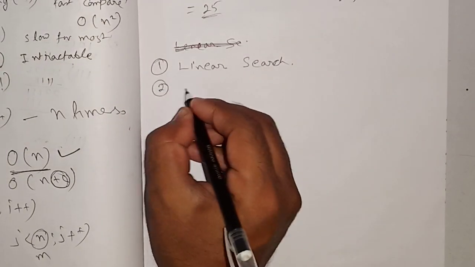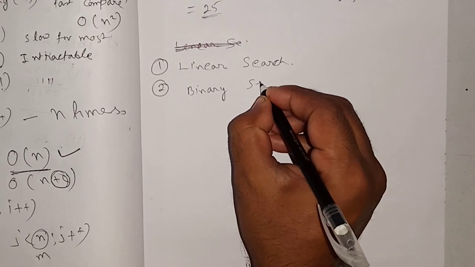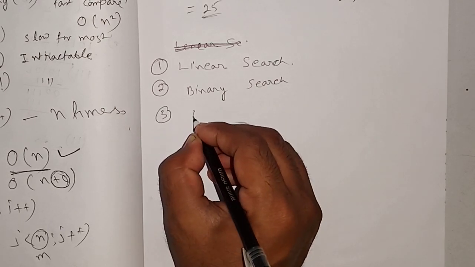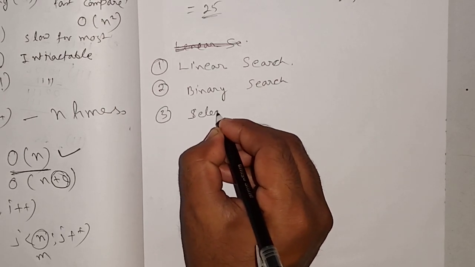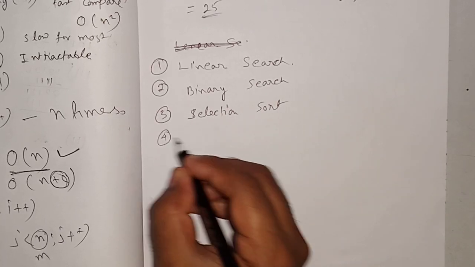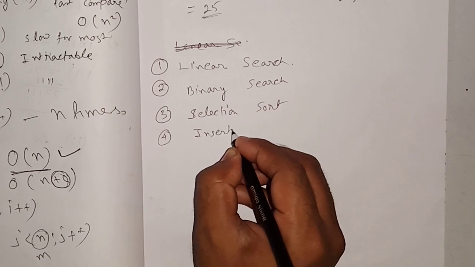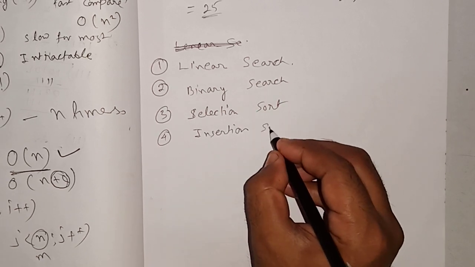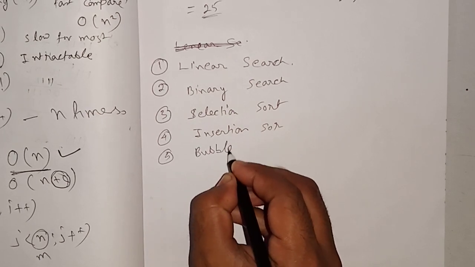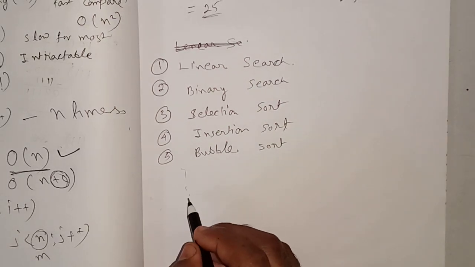Then we can write binary search. Third, we can write selection sort. Fourth, we can write insertion sort. Fifth, bubble sort. There are many sorts present.